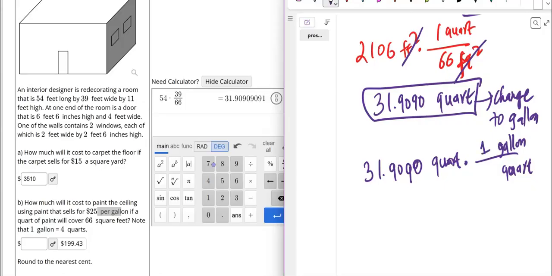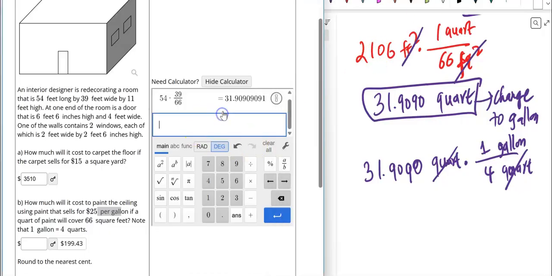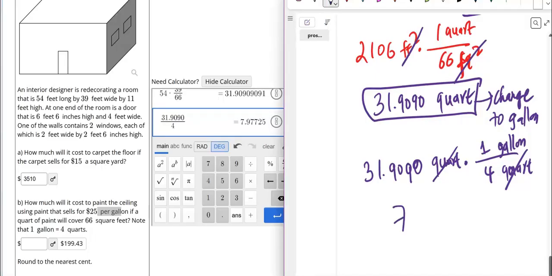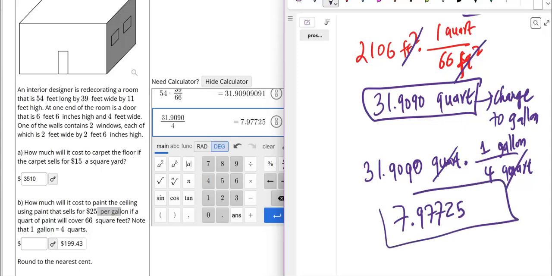So 1 gallon equals 4 quarts. Basically you divide by 4. So 31.9090 divided by 4 gives you 7.97725. Let's write all the digits. That many gallons you need.